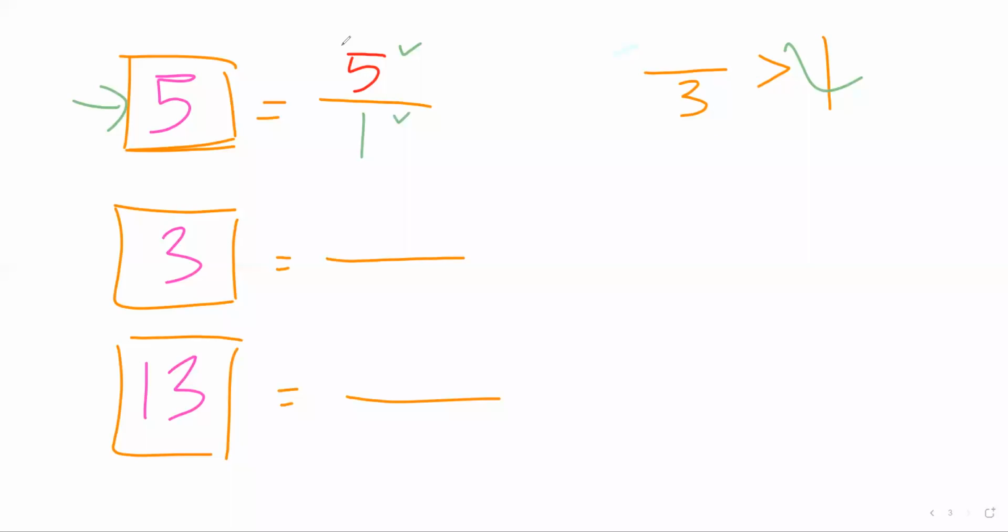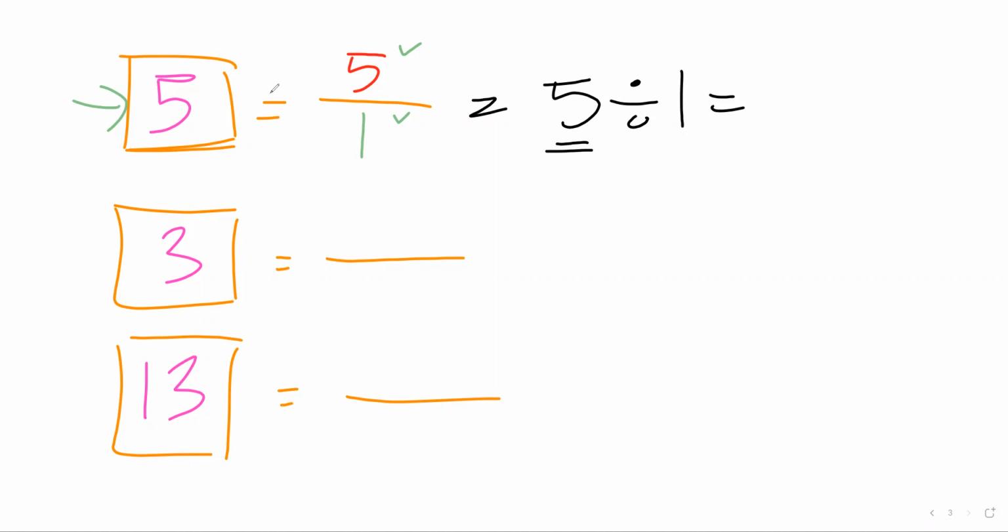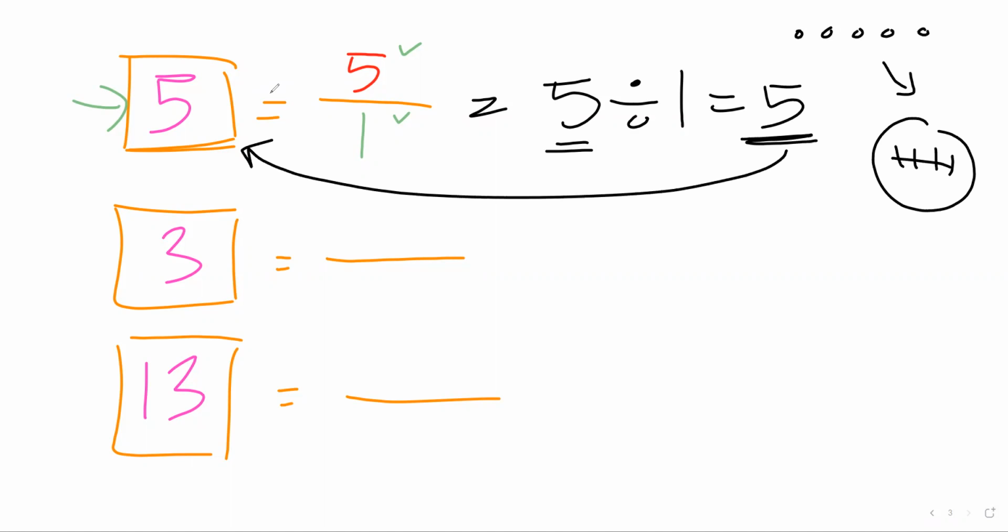If we wrote this as a division problem, 5 divided by 1, well, if I took 5 things and put them into one group, I have 5 again. So that checks out. If 5 divided by 1 equals 5, then this is how I could write a fraction and a whole number in an equivalent way.